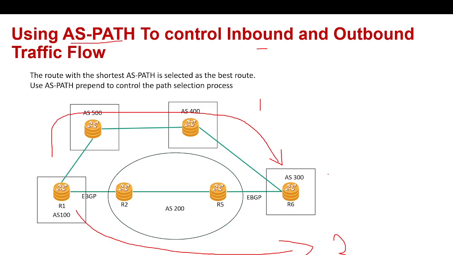Yes, we can have the cluster ID to control loops when we have route reflectors deployed in the network, to avoid loops between route reflectors. I agree, that's true. Thank you.